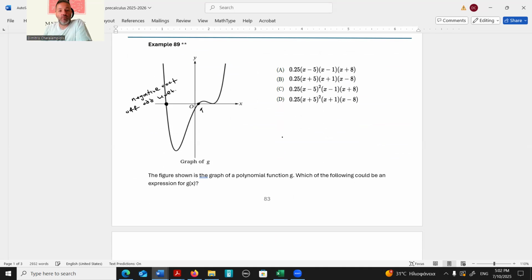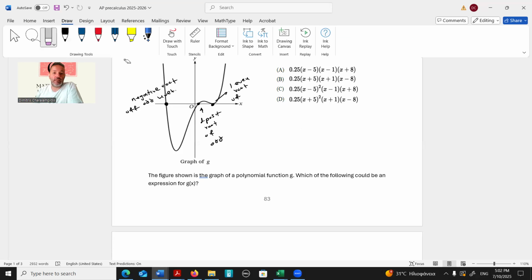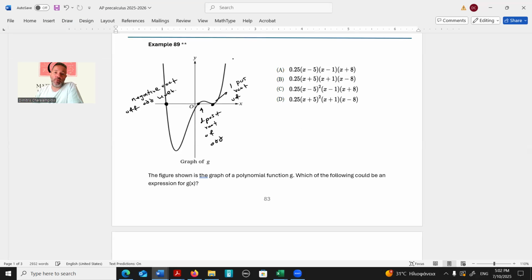We have one positive root of odd multiplicity, and one positive root of even multiplicity.